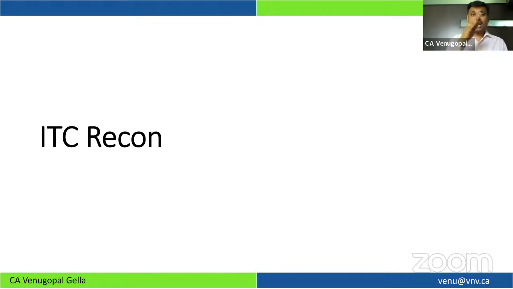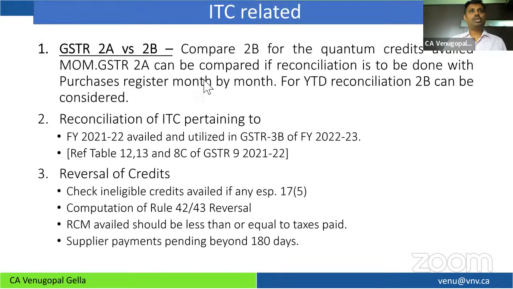And if he's filing after the 11th, let's say he's filing on the 15th, it would be visible in GSTR 2A, but not visible in GSTR 2B. So you also have to draw a reconciliation, for the purpose of reconciling the books of accounts, of the credits that are there in 2A and 2B.